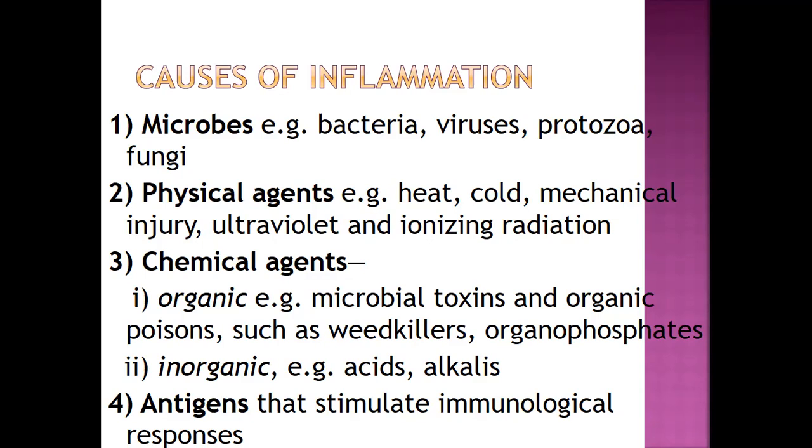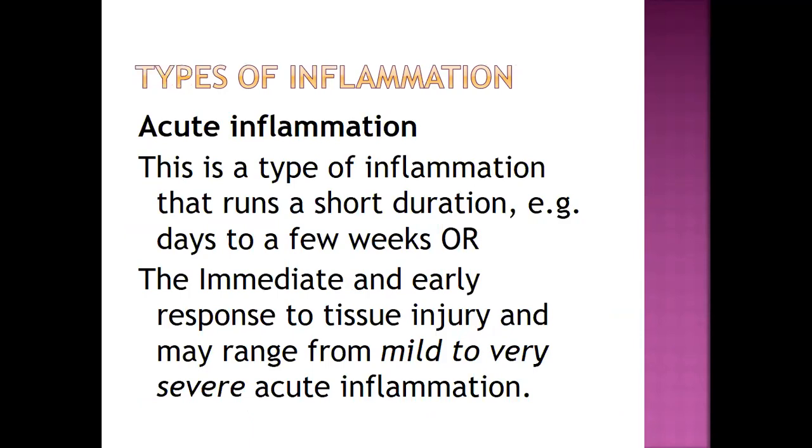Chemical agents: we're talking about chemicals that have the ability to damage body tissues, structures, or organs. Then antigens, these are foreign microorganisms that have the ability to stimulate the body to produce antibodies. So these are various types of causes of inflammation, or what you can say agents of inflammation.